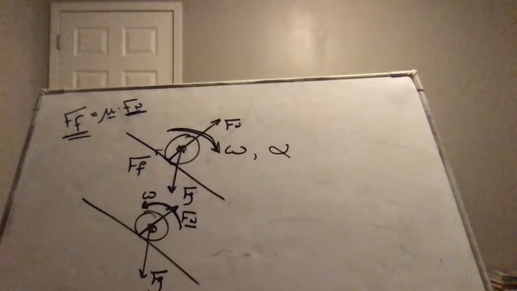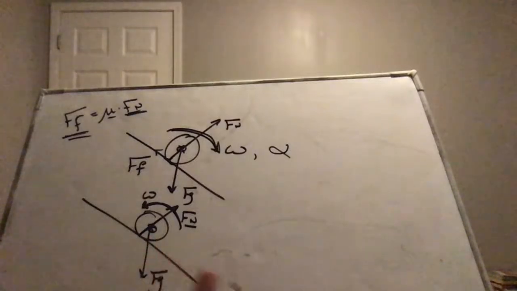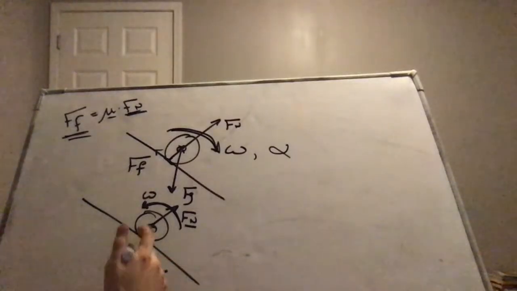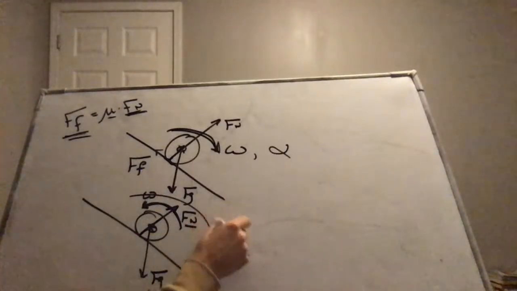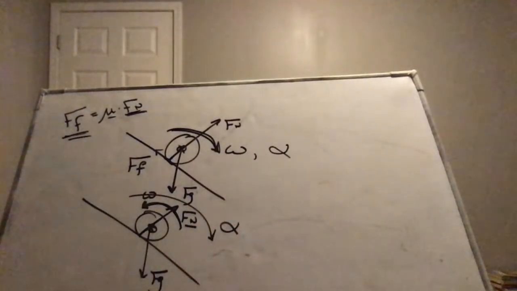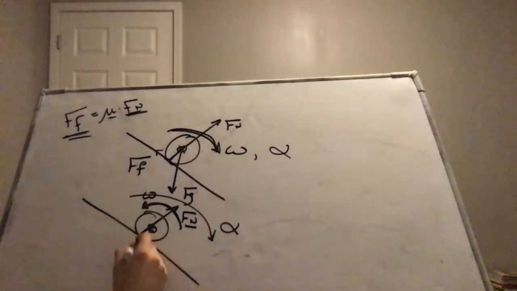Anytime I've ever watched an object roll up a hill, it is slowing down. So that means the acceleration is opposite the direction of angular velocity. I still need a net torque in the clockwise direction.